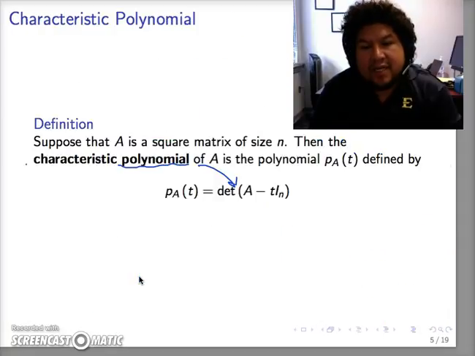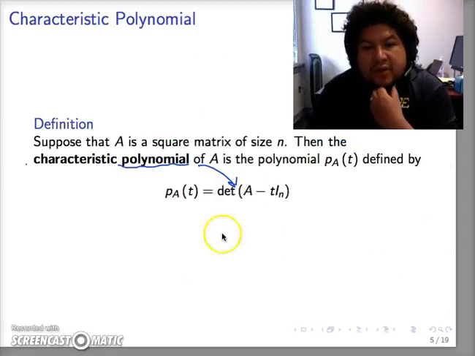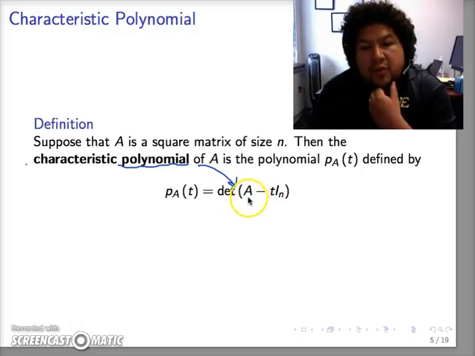And so there is a general definition of a polynomial obtained by computing a new matrix A minus whatever symbol you want to use for that variable. I'm choosing the symbol t, as in time: A minus tI, and then computing the determinant of that new matrix.